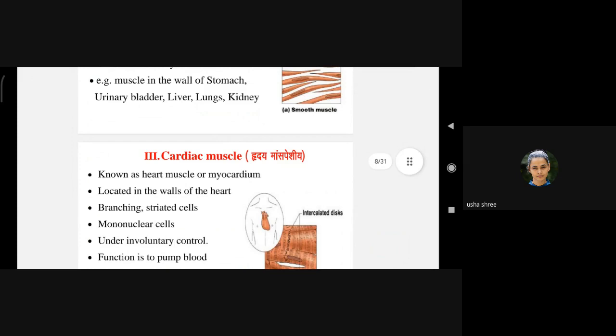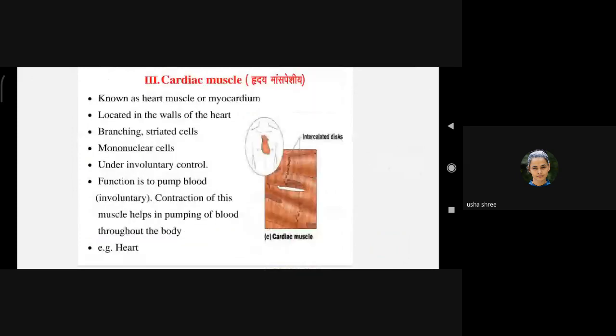So next is cardiac muscle, known as heart muscle or myocardium. Myo means muscle, cardium means heart. So heart muscles, myocardium. Located in the walls of the heart. Obviously, the walls of the heart are myocardium or cardiac muscle.